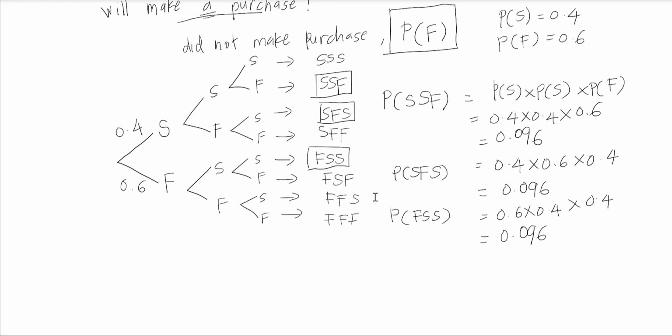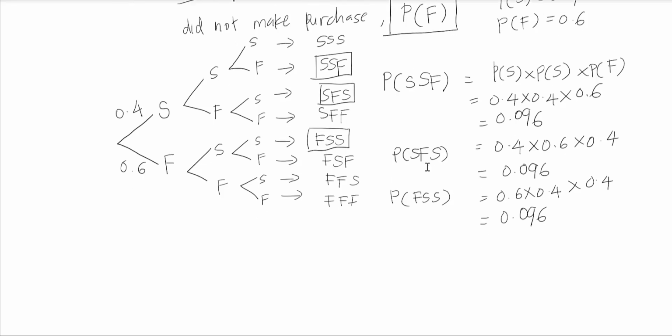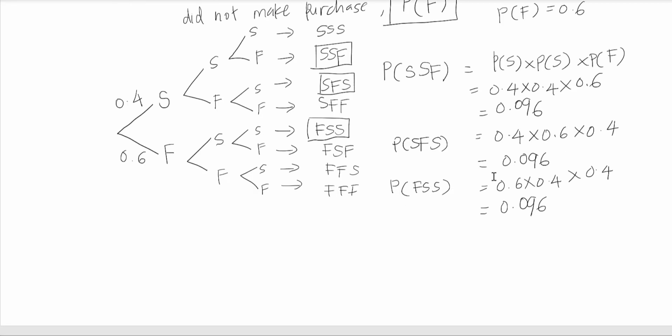So the probability that 2 of the 3 customers will make a purchase can be the probability of SSF or the probability of SFS or the probability of FSS. So we use the word or.